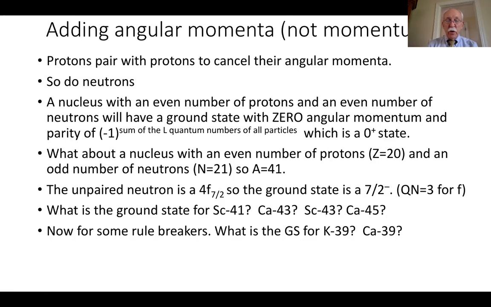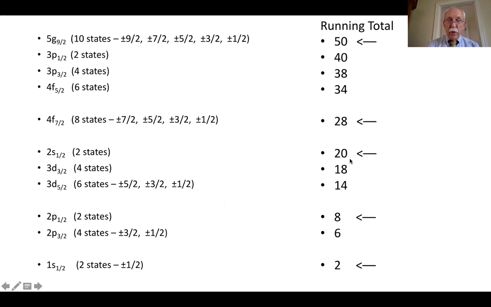So if you look back at the previous slide with 21, if we go here, 20 neutrons fills up the 2s1/2 state. The next neutron will be a 4f7/2. And while we're here, let me mention, this is a somewhat non-standard nomenclature for what we would call the N number for electrons.